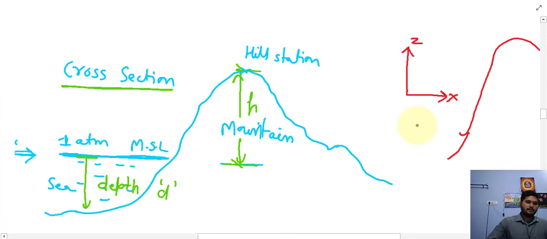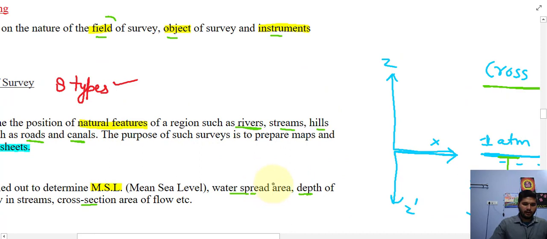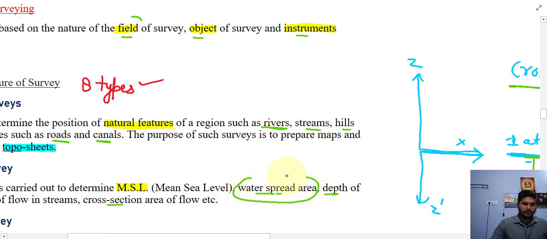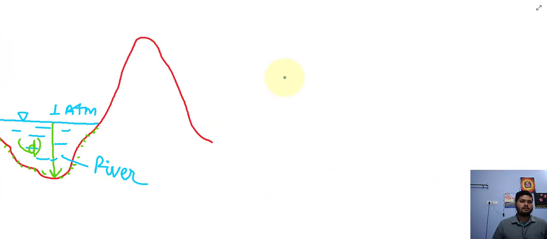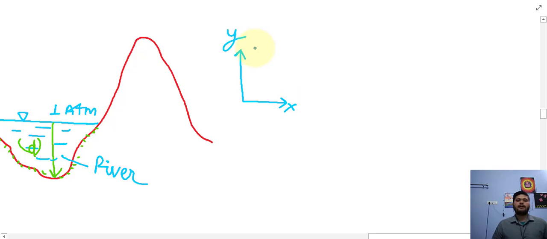Now there is another term which is very important: water spread area. Our diagram is in a horizontal plane. For this purpose, first of all we will draw a dam.